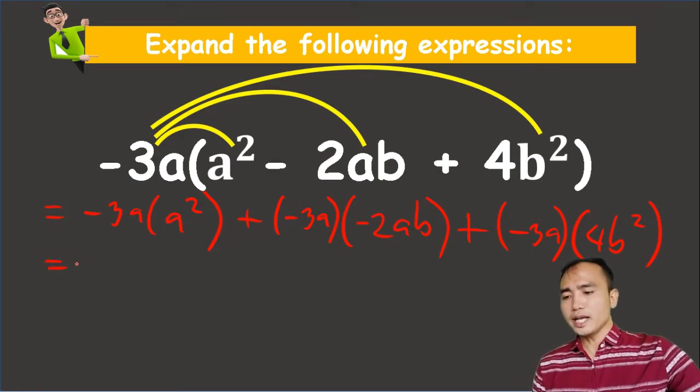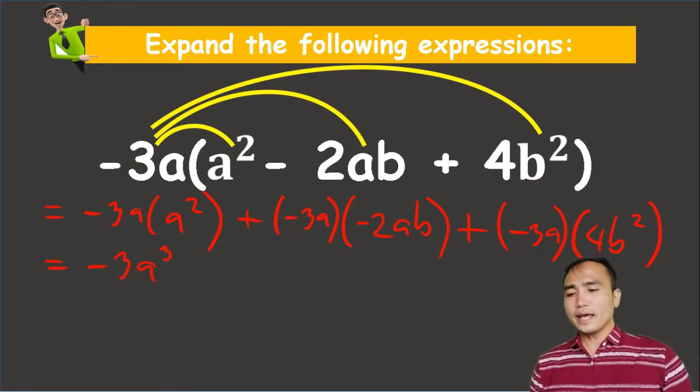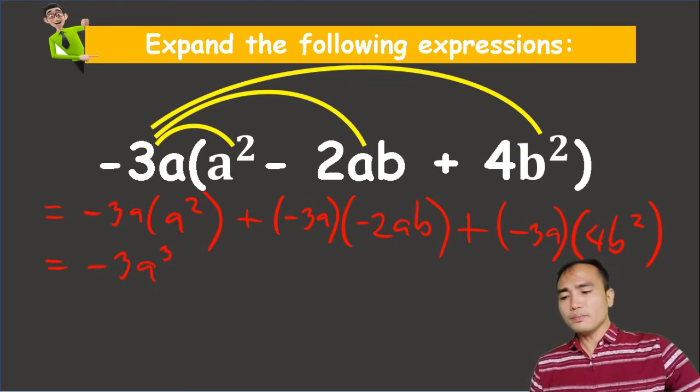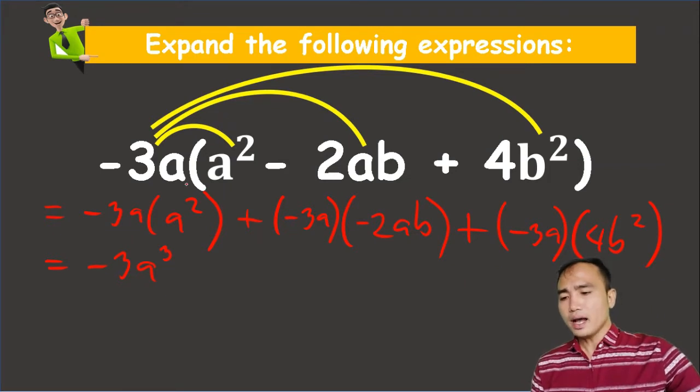Negative 3a times a squared is equal to negative 3a cubed. Why cubed? Because the rule of exponent when it comes to multiplication is add their exponents. We know that the exponent of the variable a is 1, so 1 plus 2 is 3. Therefore, negative 3a cubed.